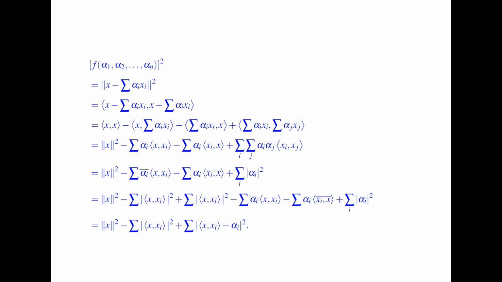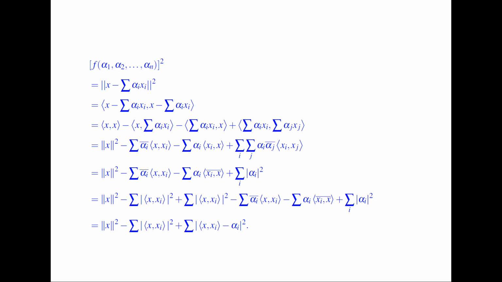the summation of alpha i times the inner product of xi comma x, plus the summation of alpha i into alpha j bar over i and over j, with the inner product of xi comma xj.